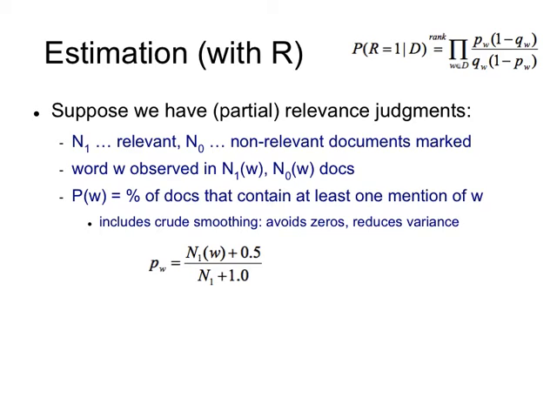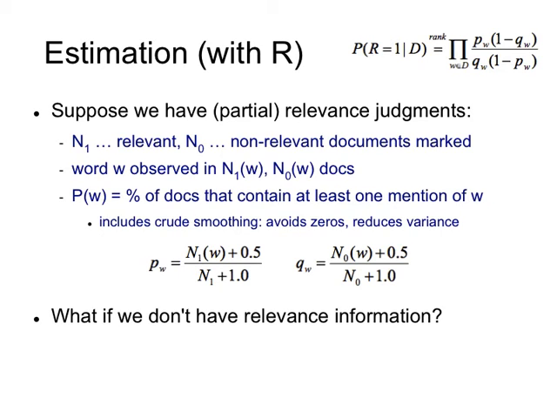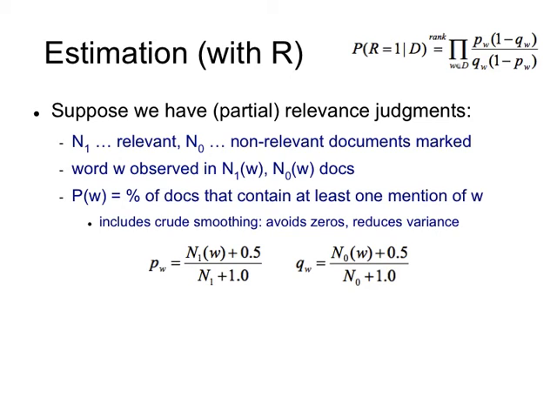So these constants keep PW away from 0 and from 1. It's a crude form of smoothing. And I do the same for QW. The only difference is now I count how many non-relevant documents contain W.